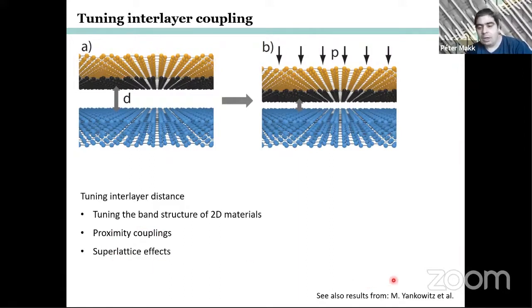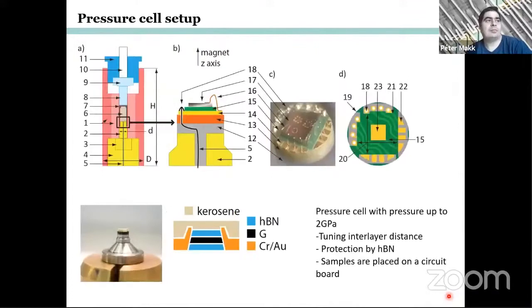I would also like to say that there are people in the field working on this. There are beautiful works from the group of Matthew Yankowitz. But to be honest, if you look far away, you know that this hydrostatic pressure cell is something which people have used in solid state physics.